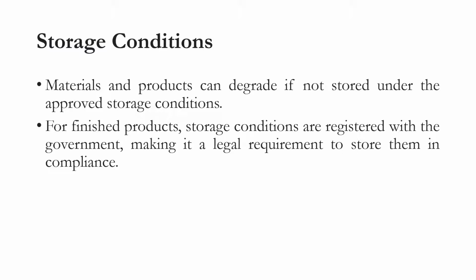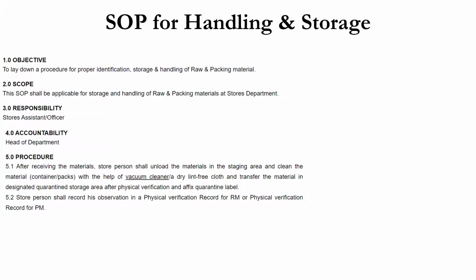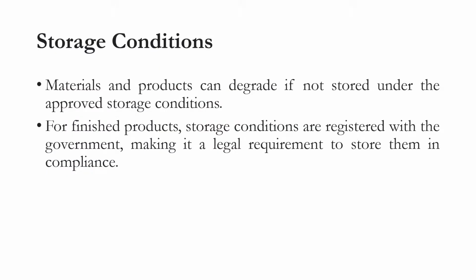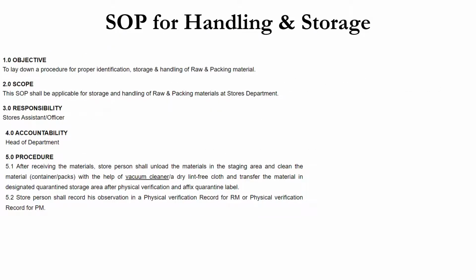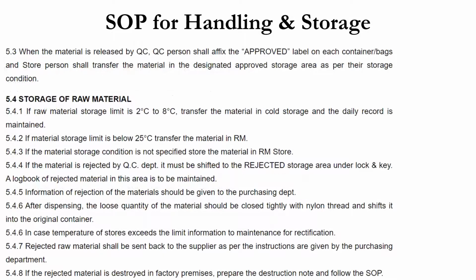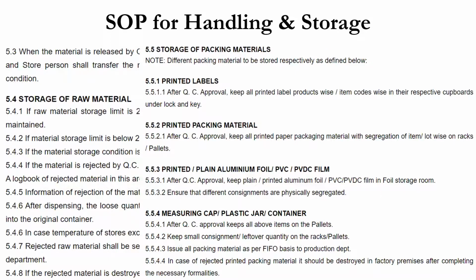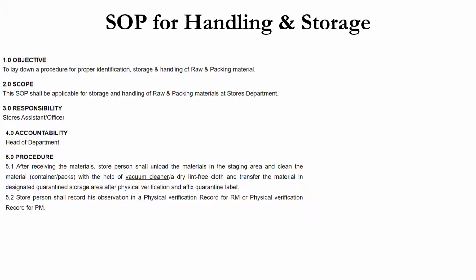So the warehouse should follow GMP, GWP, GDP. And all the storage conditions should be registered with the government, making it a legal requirement to store them in compliance. Here you can see the handling and storage SOP. This SOP has these major 5 points.